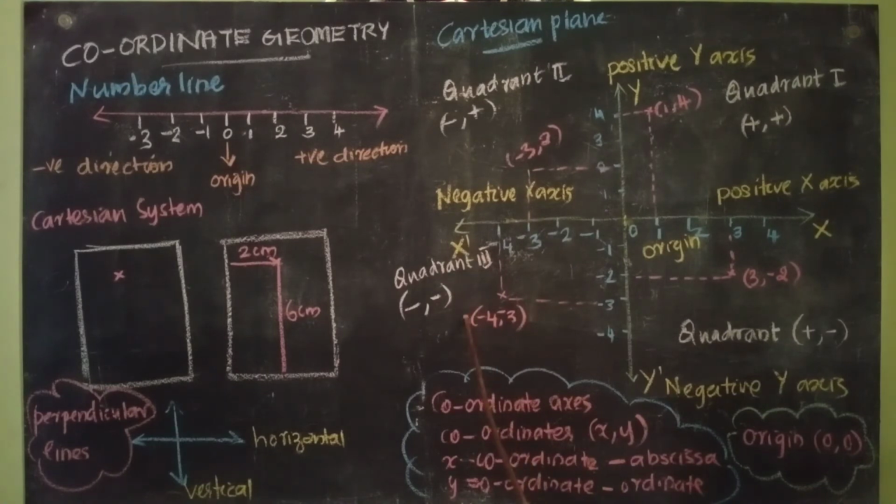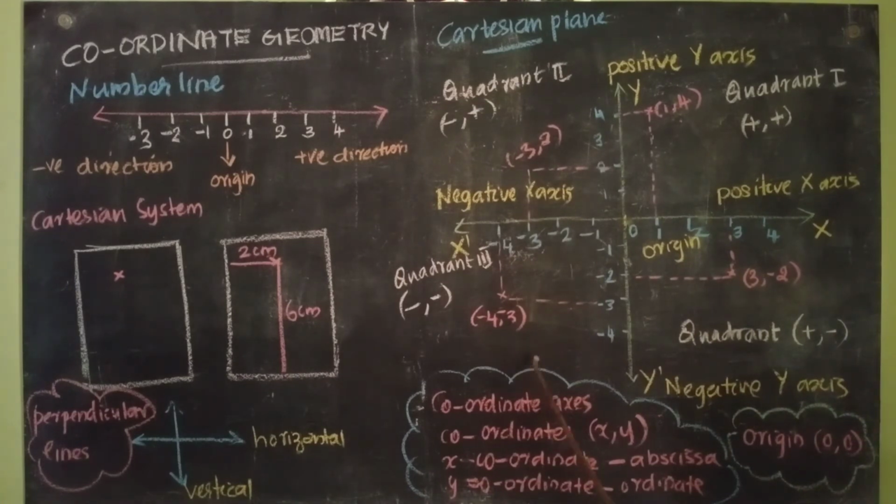Quadrant 3 is enclosed by negative x-axis and negative y-axis. So it is in the form negative, negative. You can see here the numbers. Fourth quadrant is enclosed by positive x-axis and negative y-axis. So it is in the form positive, negative. You can see here the points. So this plane is known as the Cartesian plane. It is introduced by the mathematician René Descartes.